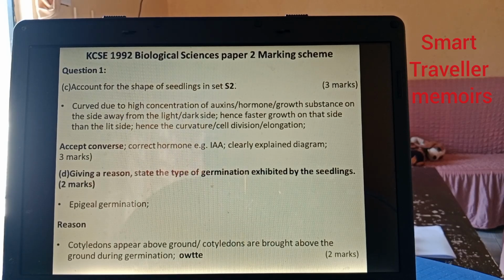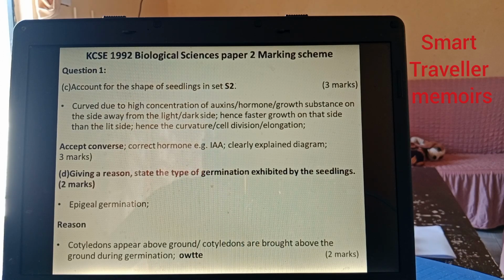Question 1. Account for the shape of the seedlings in S2. Curved due to high concentration of auxins, hormone, or growth substance on the side away from the light or dark side, hence faster growth on that side than the light side, hence the curvature, or hence cell division, or hence elongation.